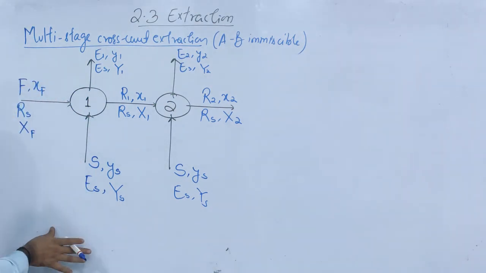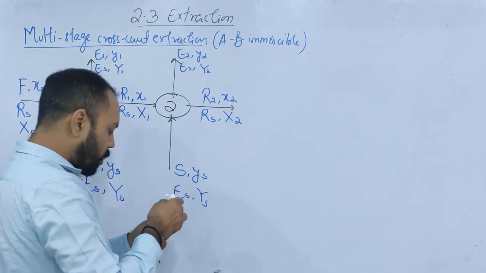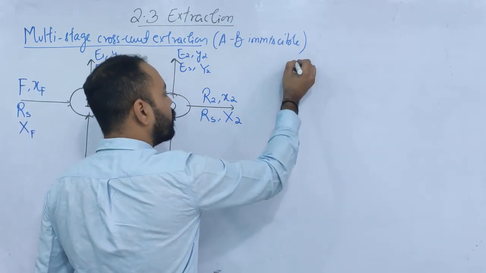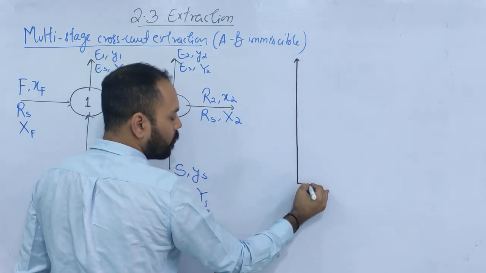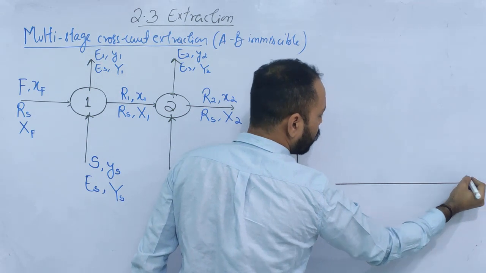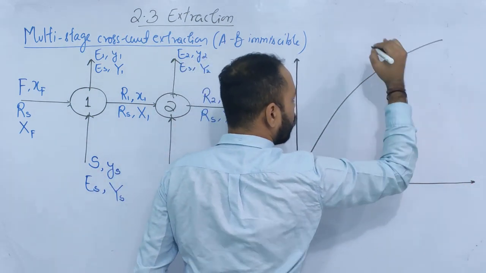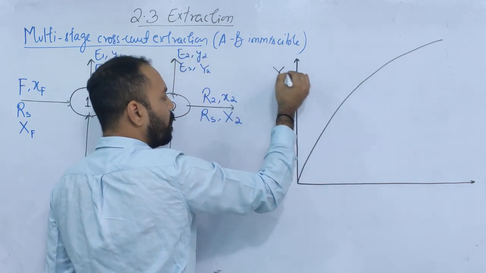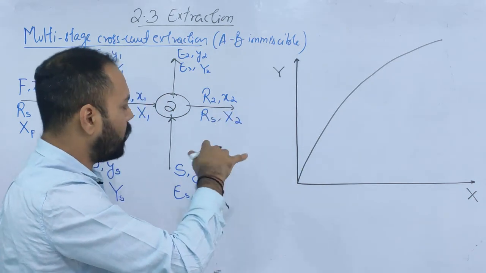So first of all, what is the equation for this multi-stage cross current extraction? Let me draw here the graphs. The equilibrium curve, capital Y, capital X. What is Y? C by B. What is X?